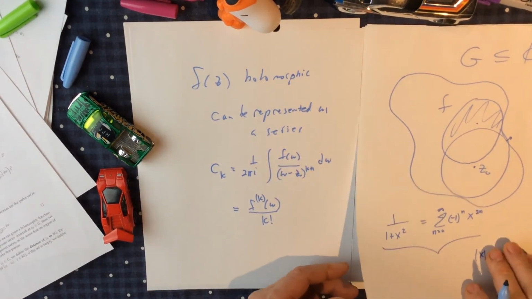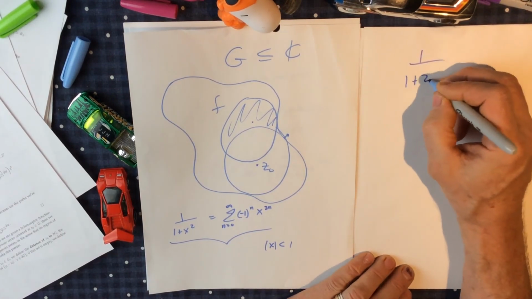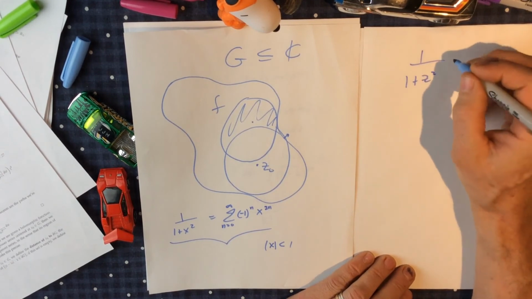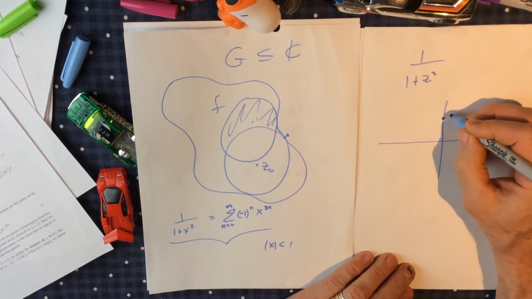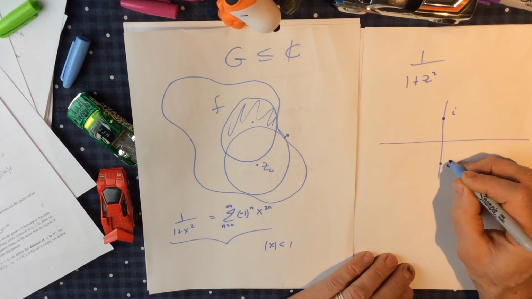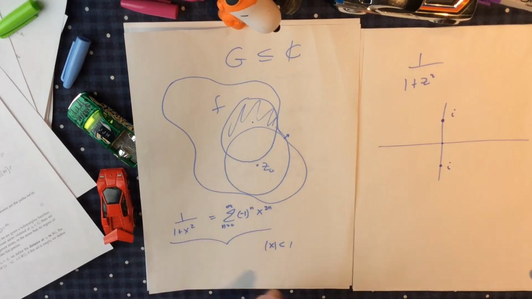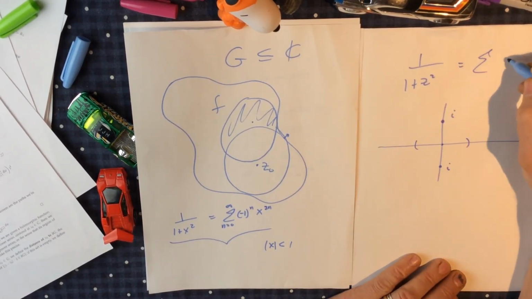Why? Well, here's the answer. Let's look at 1 over 1 plus z squared. And then observe that that function is very nice in the complexes except at i and minus i. So when we looked at the real plane and said, where does our series converge?